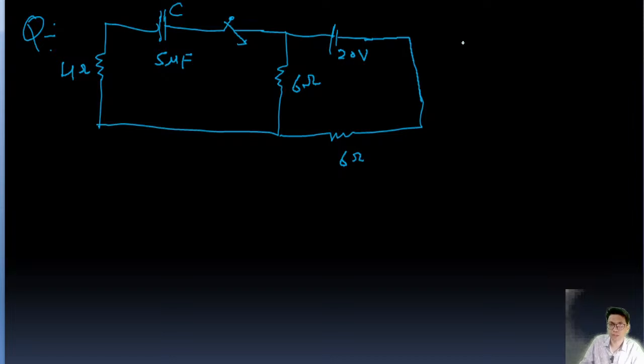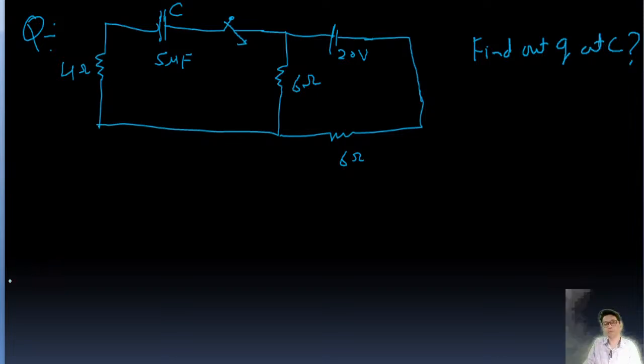This is the given RC circuit, and we need to find Q, the charge at the capacitor C. Very good question. So how are we going to solve it?